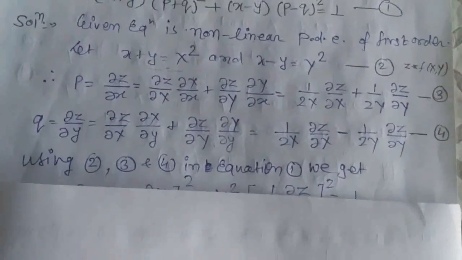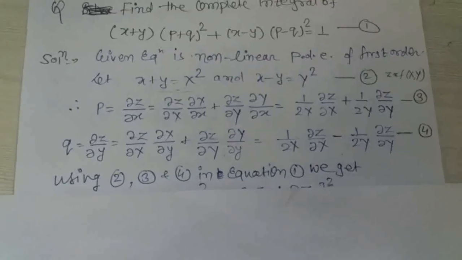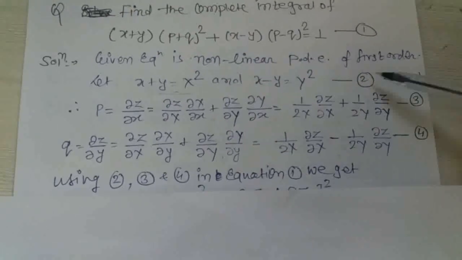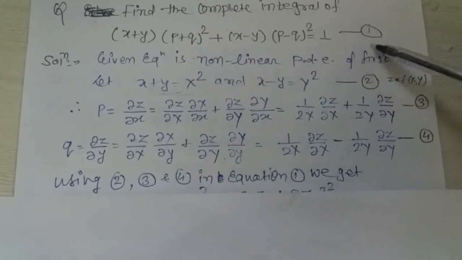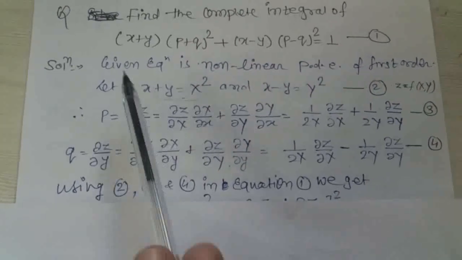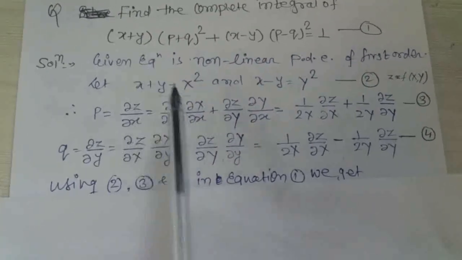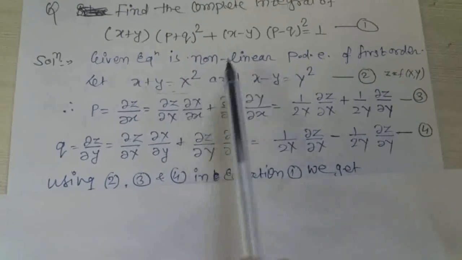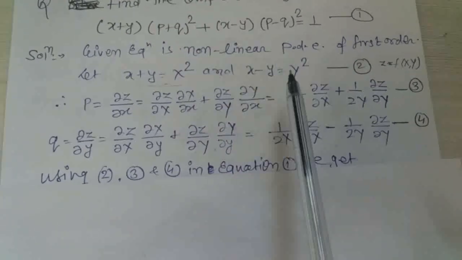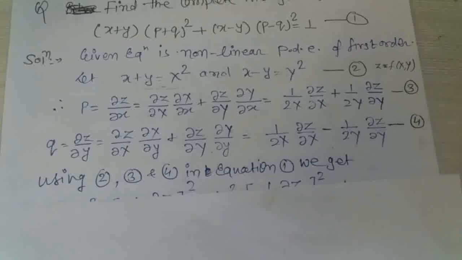Therefore, now using second, third and fourth in first, the value of x plus y is capital X square, and the value of x minus y is capital Y square.